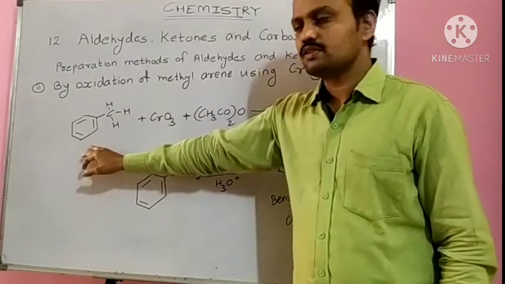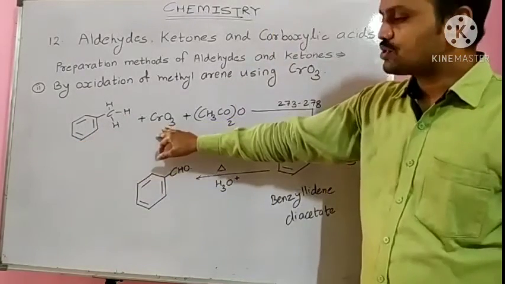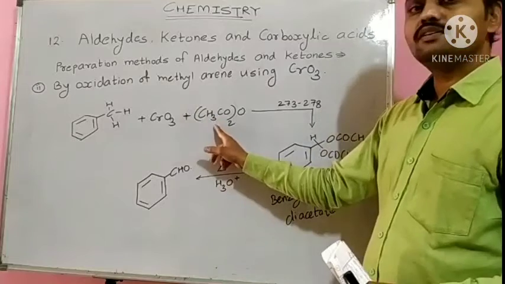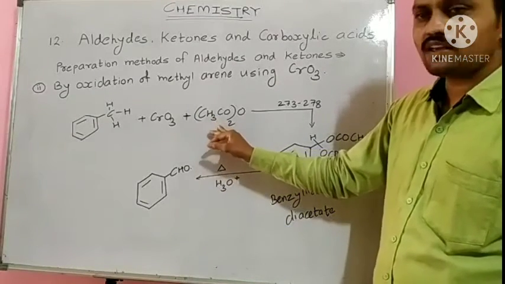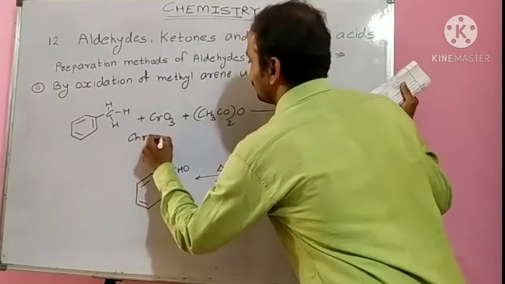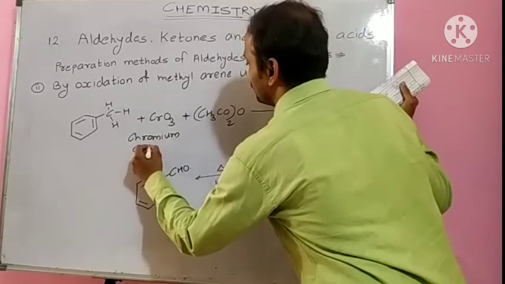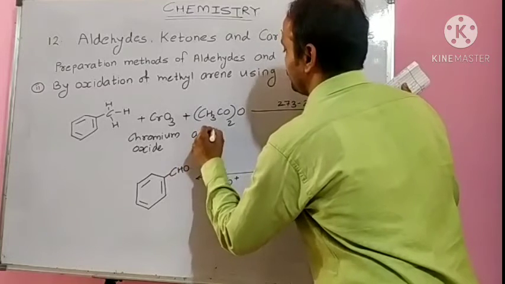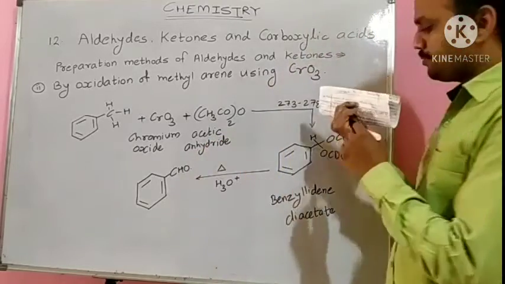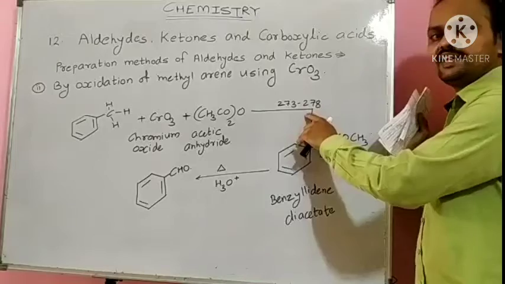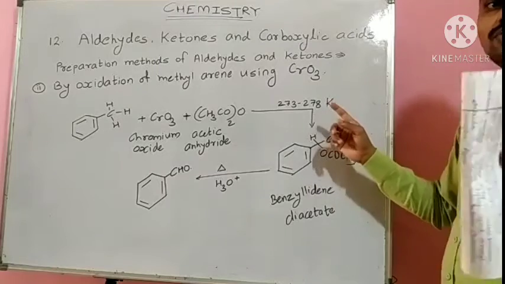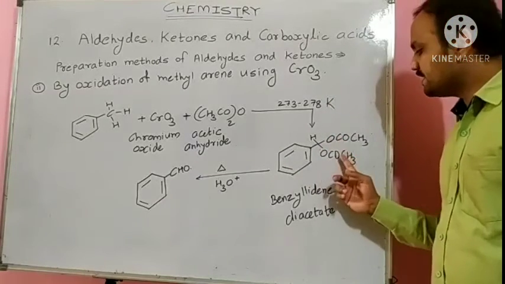In this reaction, methyl arene reacts with chromium oxide and acetic anhydride at a temperature of 273 to 278 Kelvin, and we get the intermediate benzylidene diacetate.